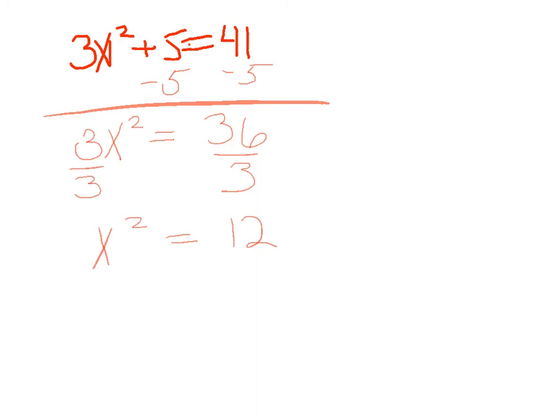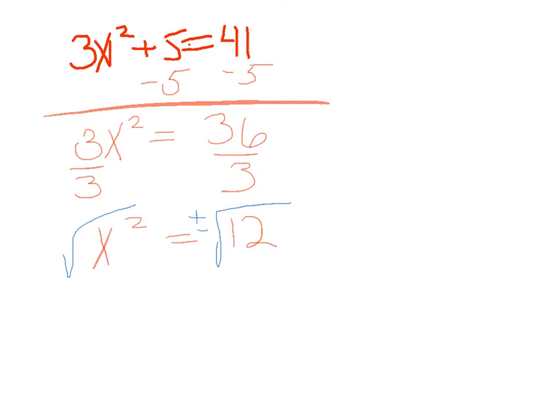Now, here's a trick, or not a trick, but something that you just have to know. I'm going to change colors so you can really see this well. If I draw a square root sign to solve this, there's something special I have to remember to do.